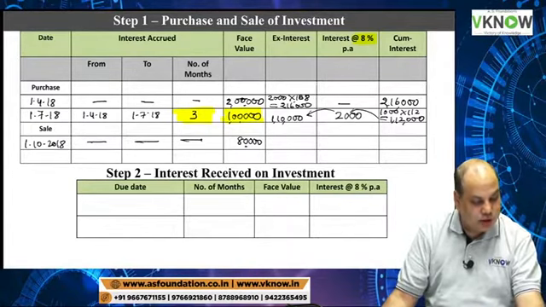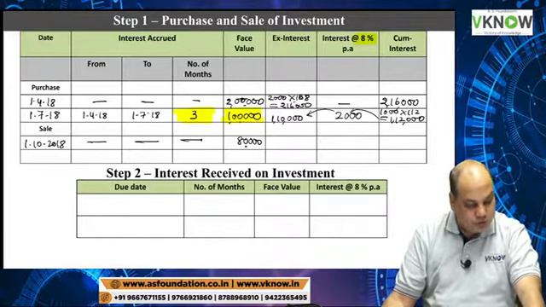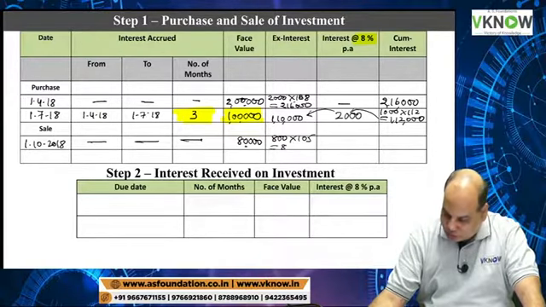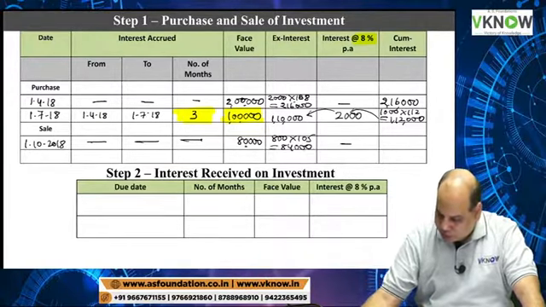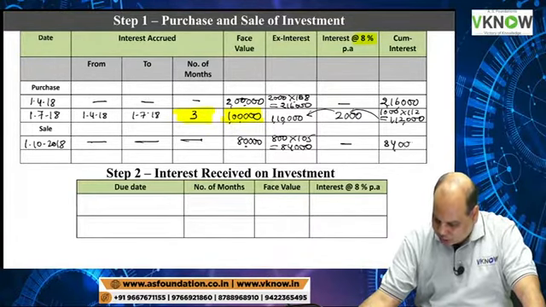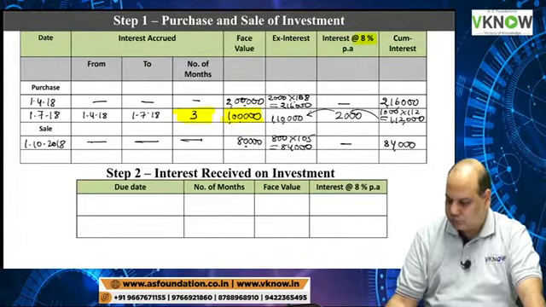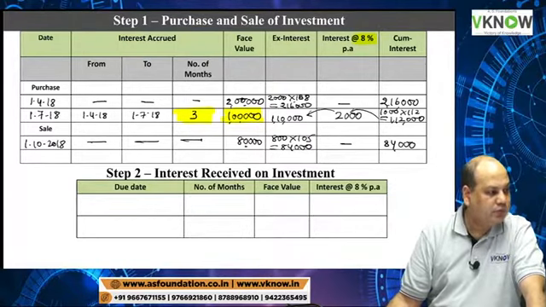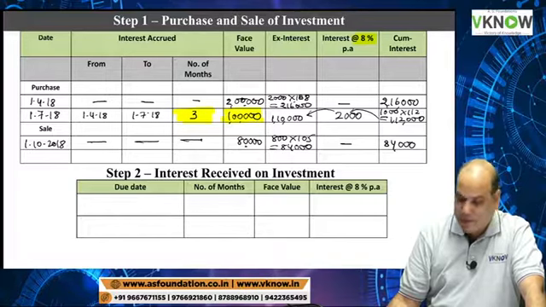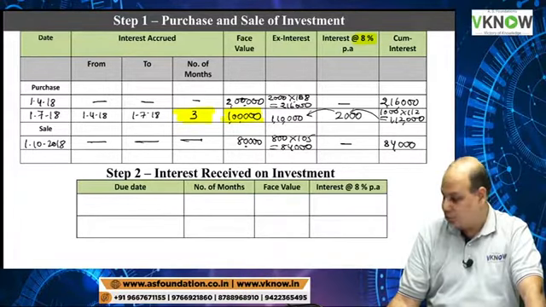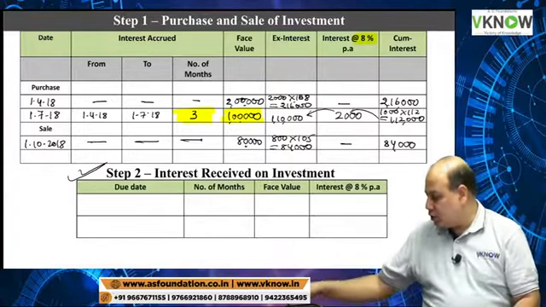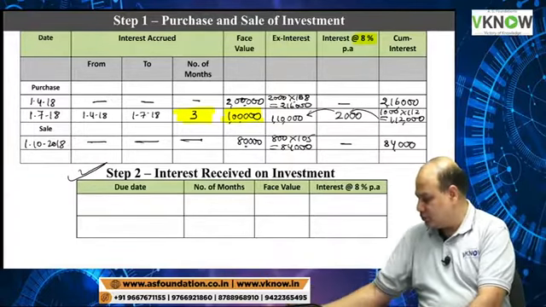It was sold at 105 rupees. 800 into 105, 84,000. Up to this you have done? Say yes, we have done. Now write down step number 2. Interest received on investment.